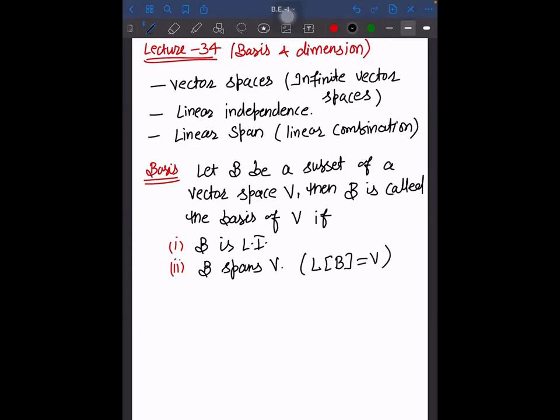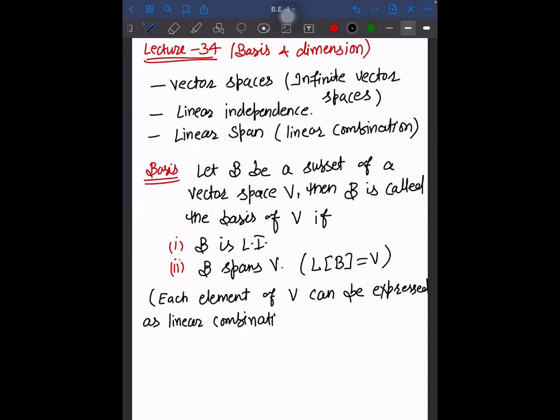Or in other words, we may say that each element of V can be expressed as linear combinations of elements of B, right?